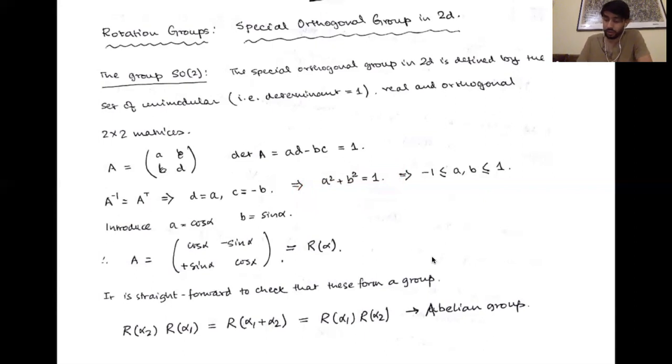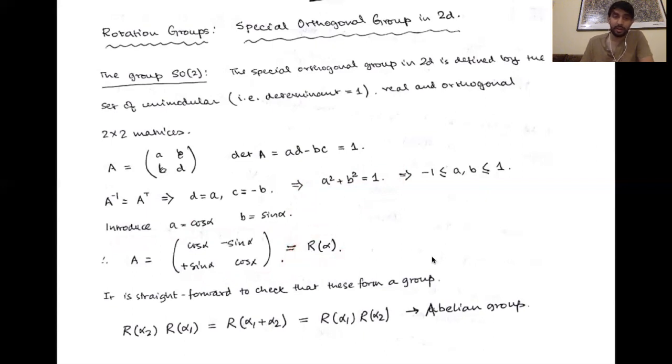Let's call A as cos alpha, and B as sine alpha. So this matrix A is given by (cos alpha, minus sine alpha; sine alpha, cos alpha). And let's call this R alpha.